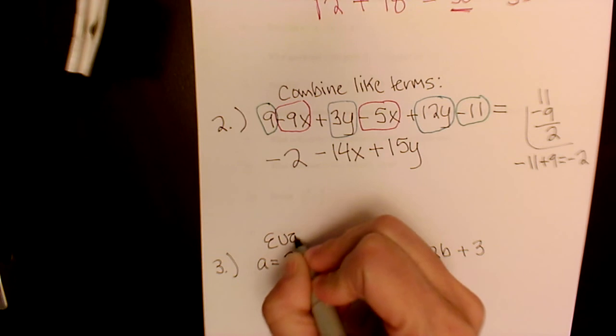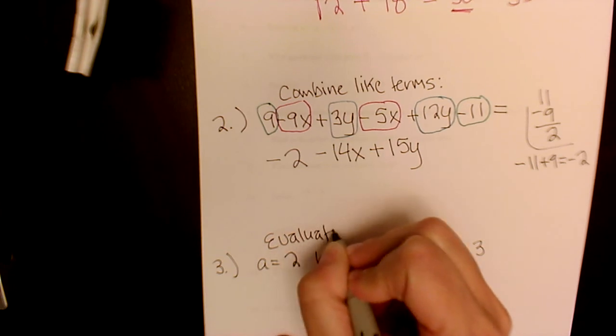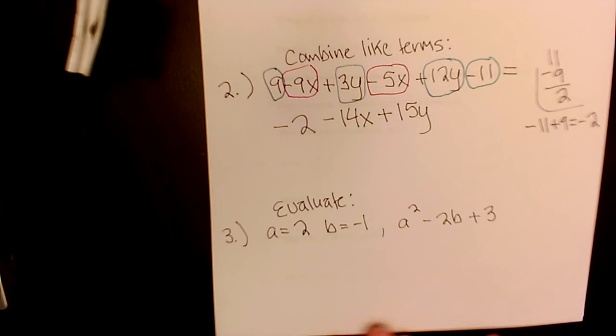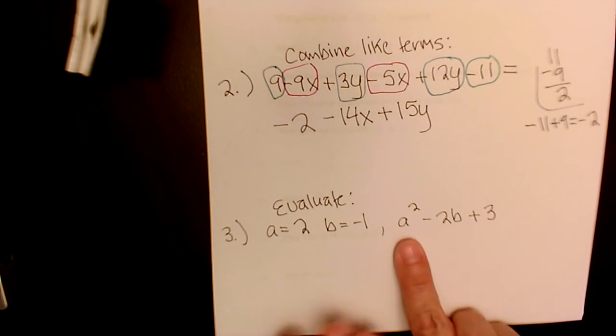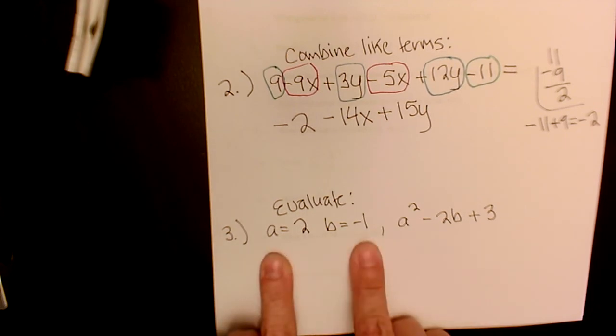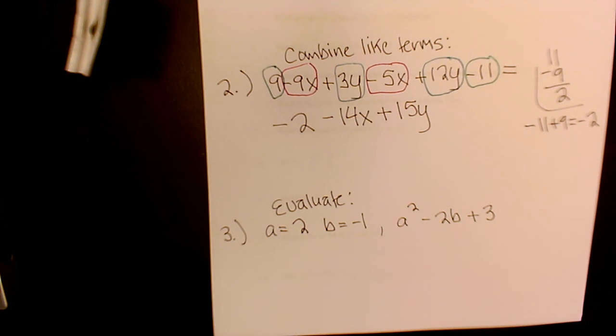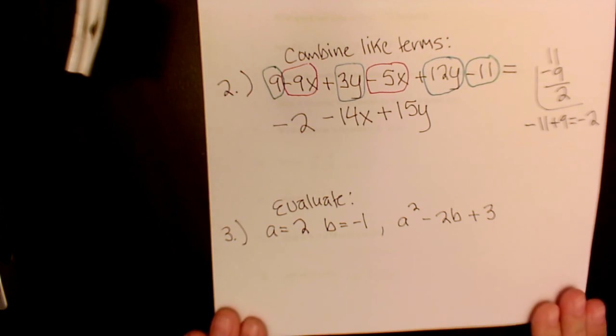Okay, moving on to the next one. Number 3 is an evaluate. So I want to evaluate when a is 2 and b is negative 1. I want to find out, using 2 and negative 1 for a and b, what is a squared minus 2b plus 3?